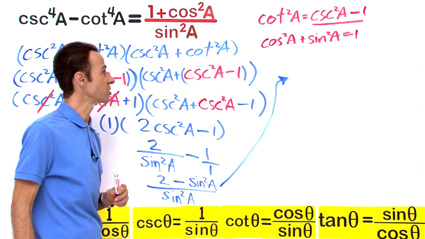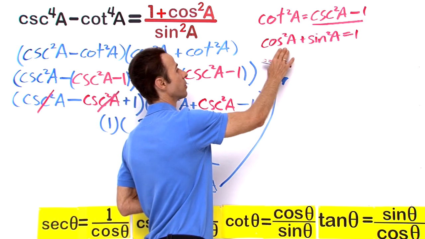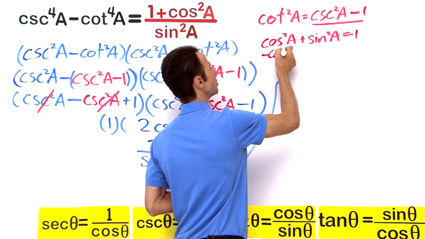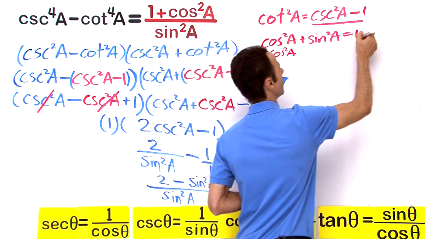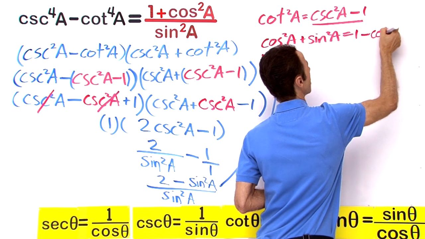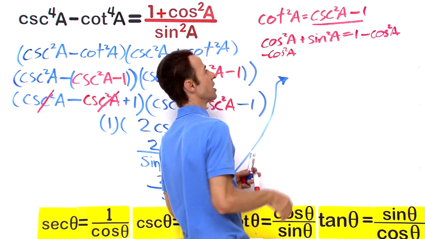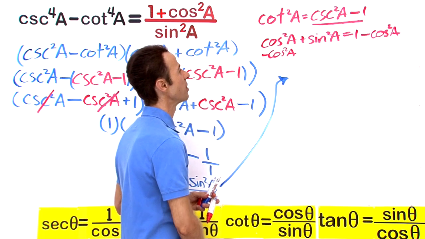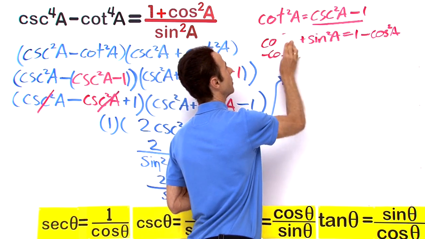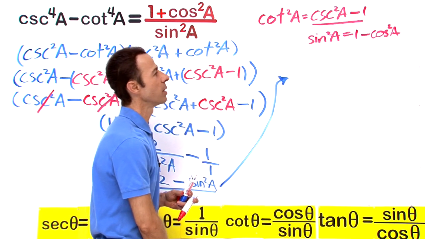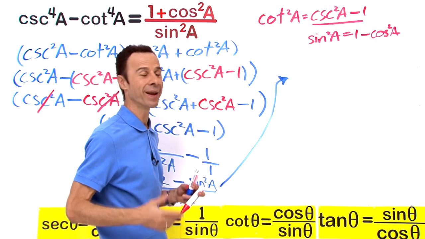So we can replace that sine by subtracting cosine from both sides, can't we? Let's subtract that cosine, take away cosine squared a, and over here take away cosine squared a. If we take away these guys, they rub out completely, so let me just rub them out. So sine squared a equals 1 minus cosine squared a.